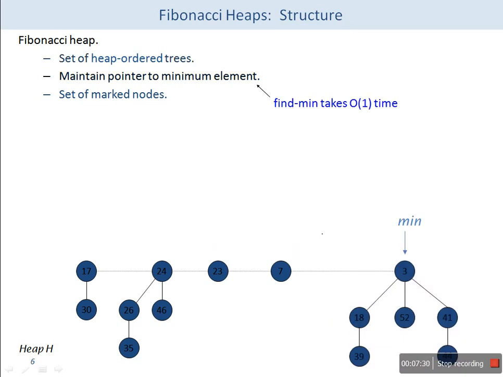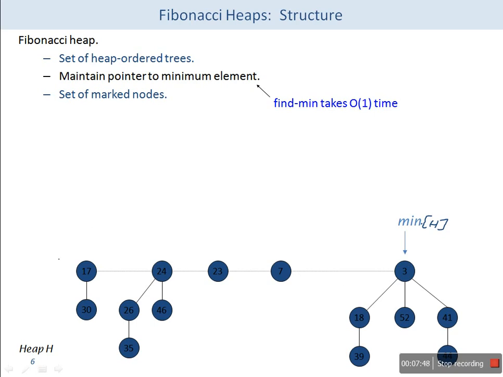Second, a pointer is maintained on the minimum element in the root list. This pointer, min of H, points to the minimum element among all the roots of the Fibonacci heap.